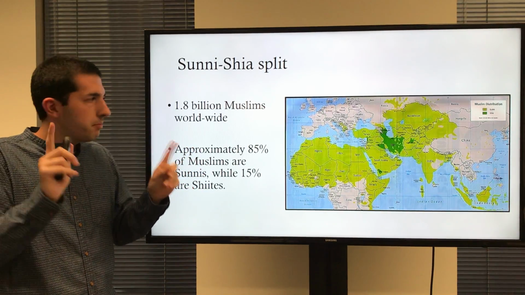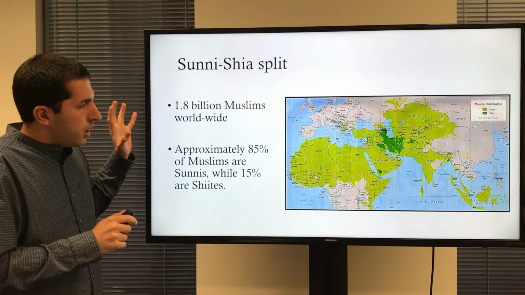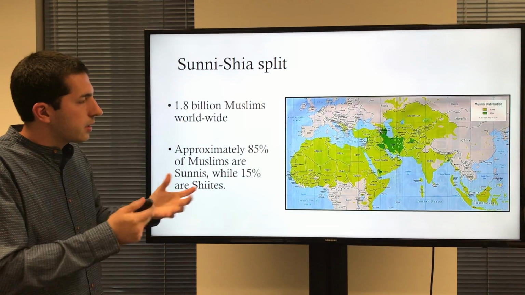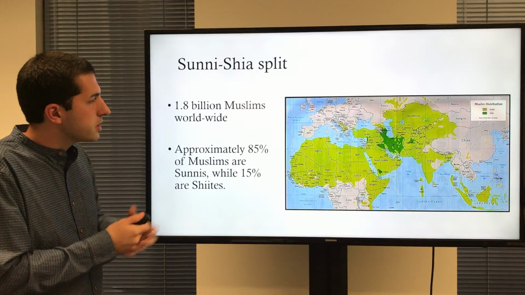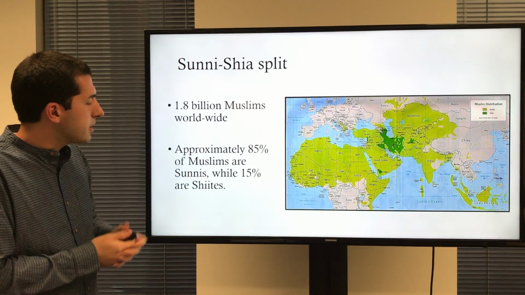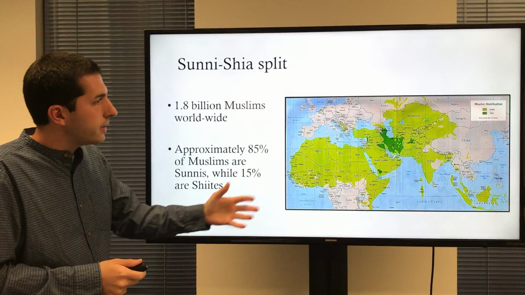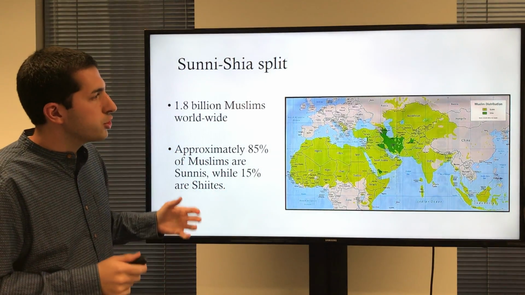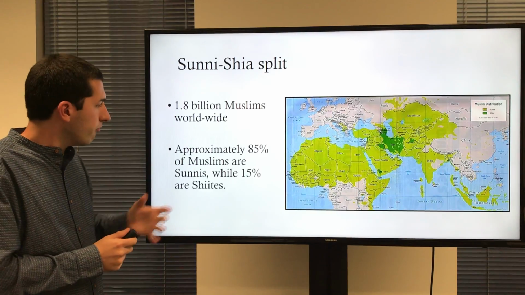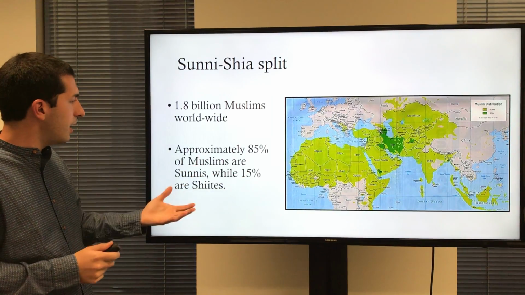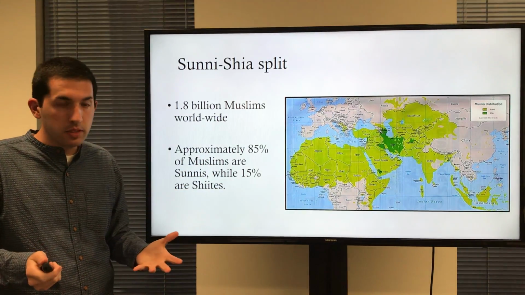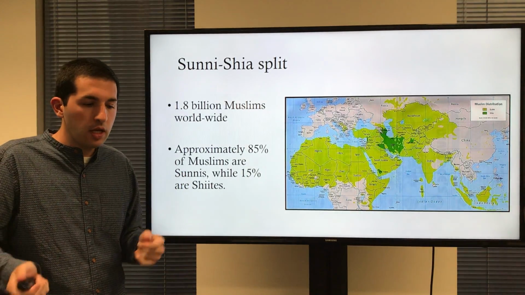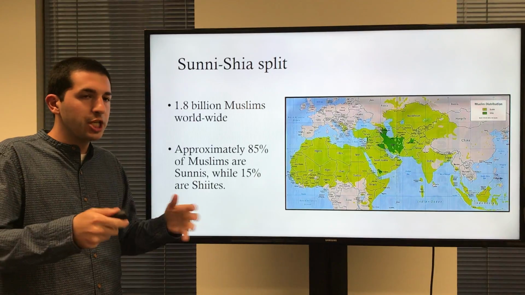Here's a map of where practicing Muslim people are located. You can see that overwhelming Sunni majority. And right here, I have the stat: 85% of Muslims are Sunni Muslim, while only 15% are Shia Muslim, or Shiites.